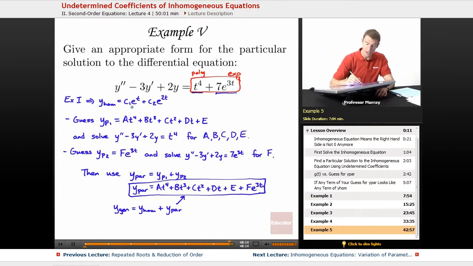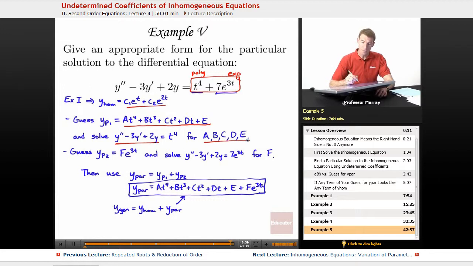This is all, of course, after finding the homogeneous solution. So your first particular solution is to match the polynomial part. You guess a generic polynomial of the same degree. So the degree was t to the fourth, so you've got to guess a generic fourth degree polynomial. Plug it in, find its first and second derivatives, solve for all those coefficients. It would be kind of messy, which is why I didn't want to work it out.